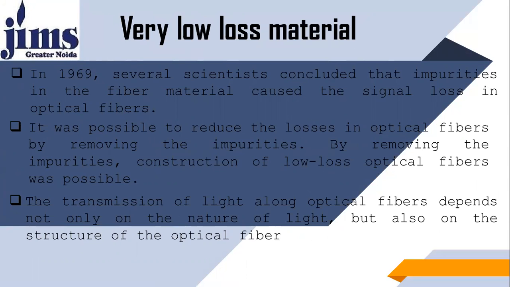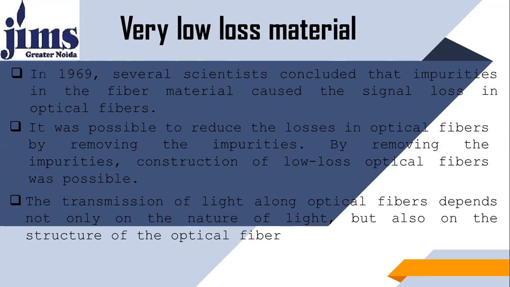The main cause of loss in optical fiber is due to the material of fiber, or you may say the impurities in the fiber material. In 1969, several scientists concluded that impurities in the fiber material cause the signal loss in the optical fiber. Means the impurities in the optical fiber are responsible for the signal loss.